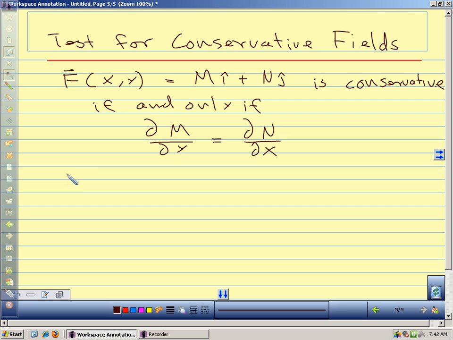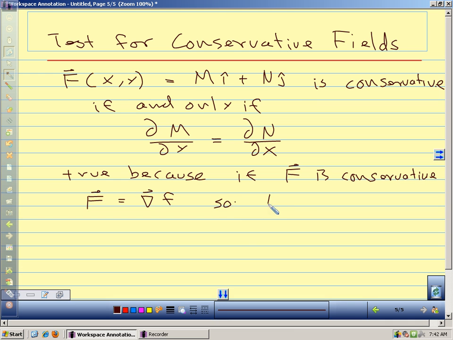This is true. If F is conservative, then our vector field is the gradient of some potential function f. And that tells us that M is the partial of f with respect to x.